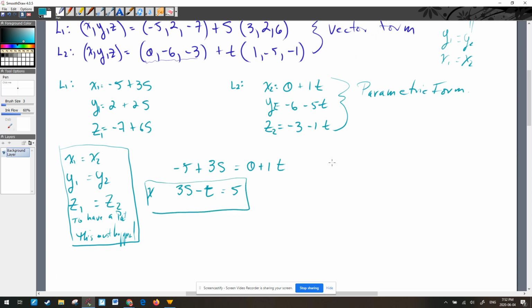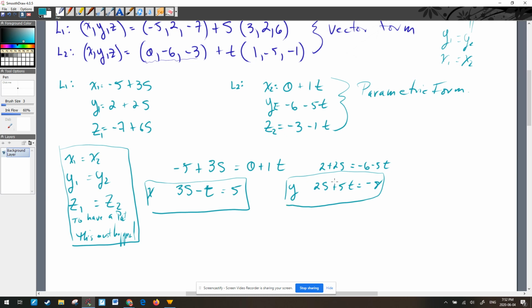Then I look at my y's, and they say 2 plus 2s is equal to -6 minus 5t. I do a similar rearranging, so we have 2s plus 5t is equal to -8. This is the equation that came about from my y's.